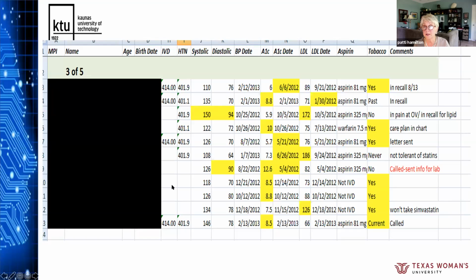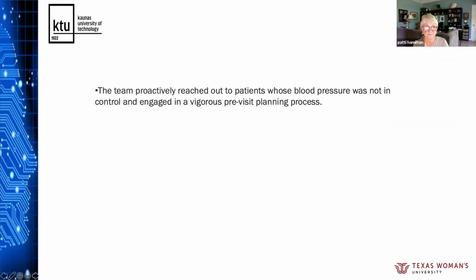All right, so you can see that you can harvest information from your electronic health record that is very useful in identifying where you need to put your emphasis and who you might have missed otherwise.